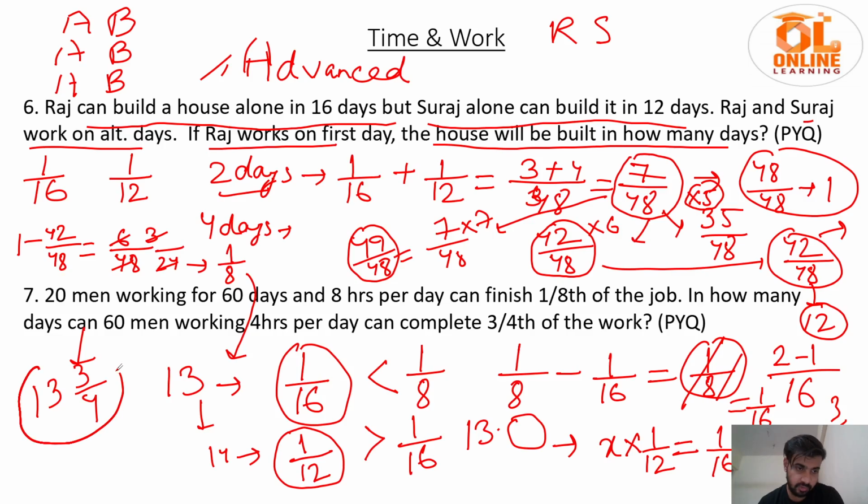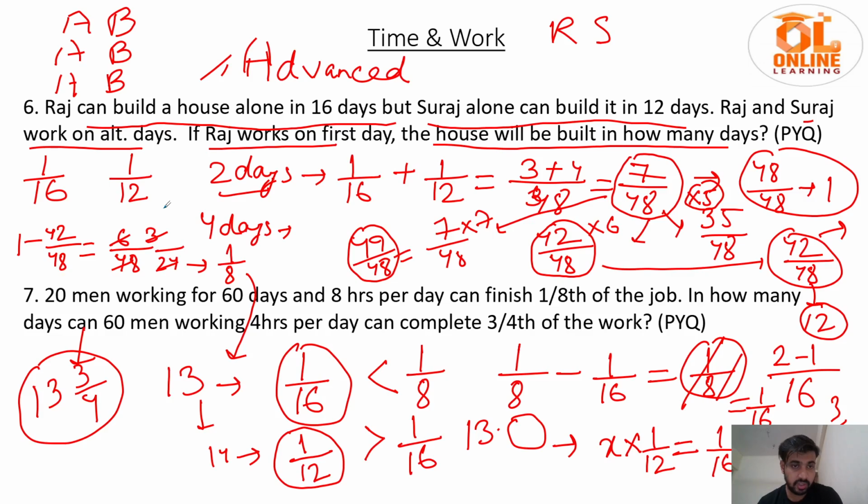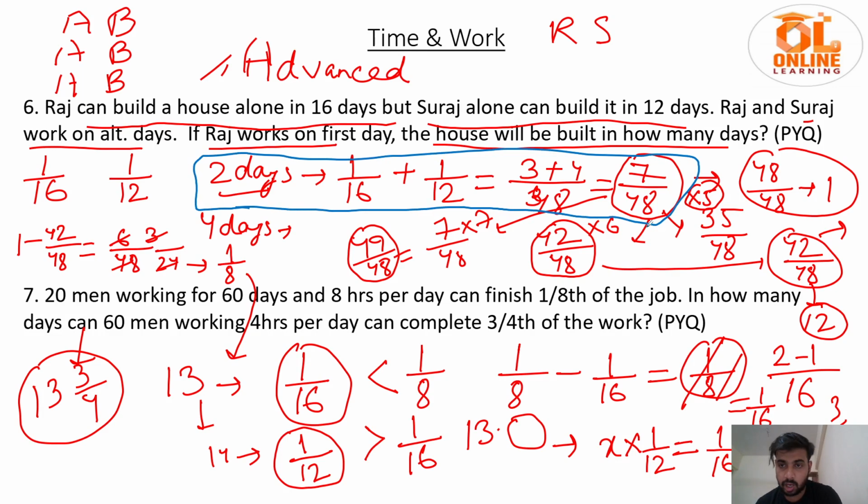I hope you have understood. What we have done is, I will explain you again. First we have taken the 2 days work. 2 days work was 7 by 48. Now we were trying to find out, if both of them work together, in how many days they can complete the work.